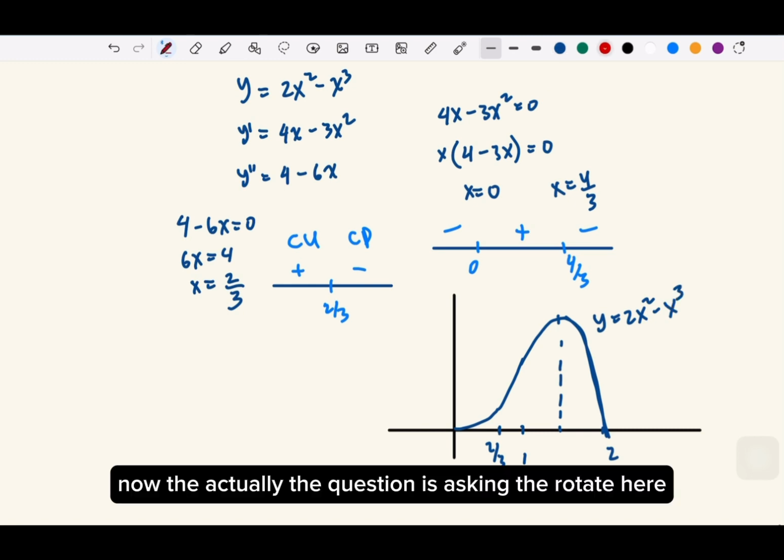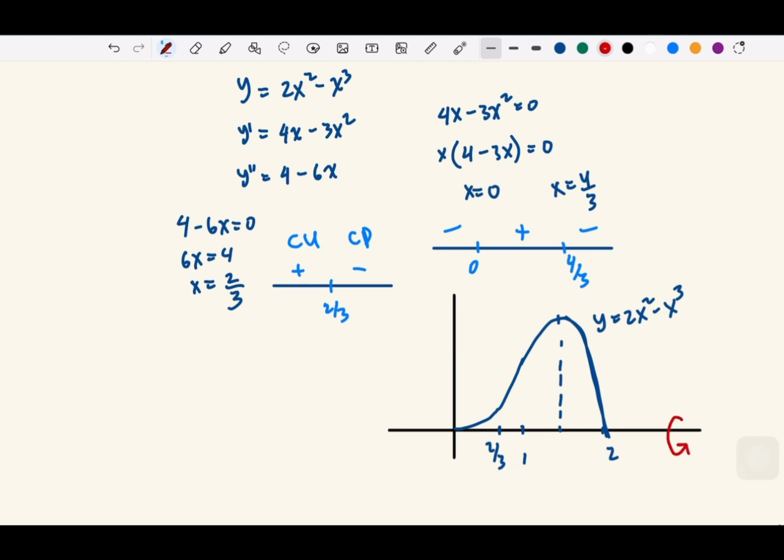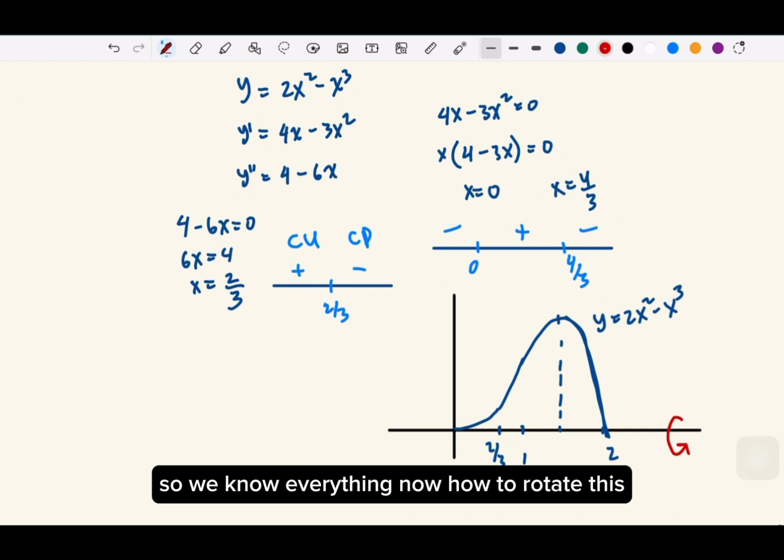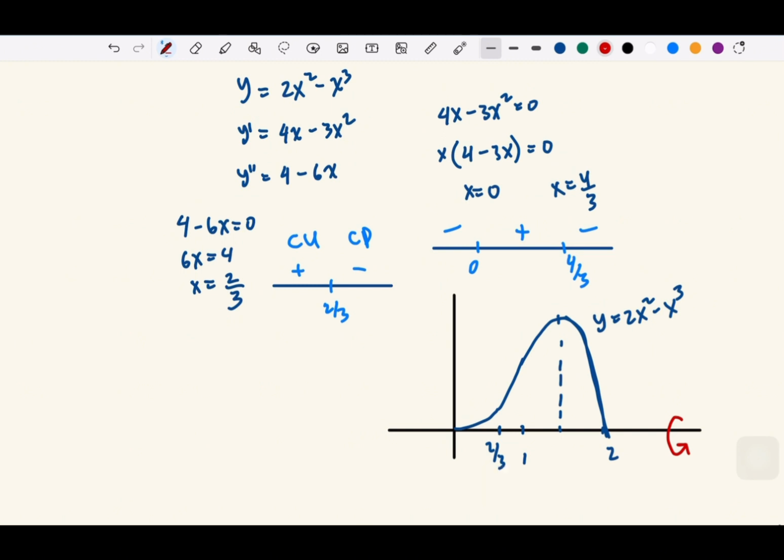Now the question is asking, if we rotate here. So we know everything now. How to rotate this? Boundary is y equals 0 and this. How to find the volume?